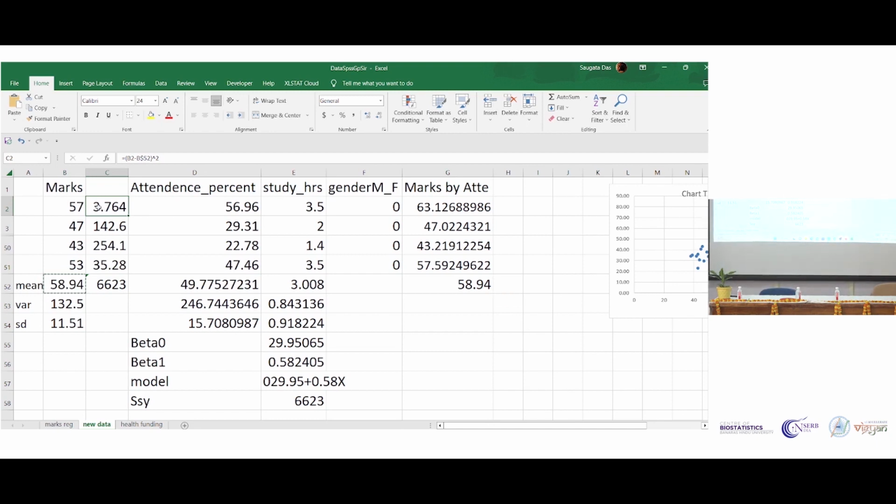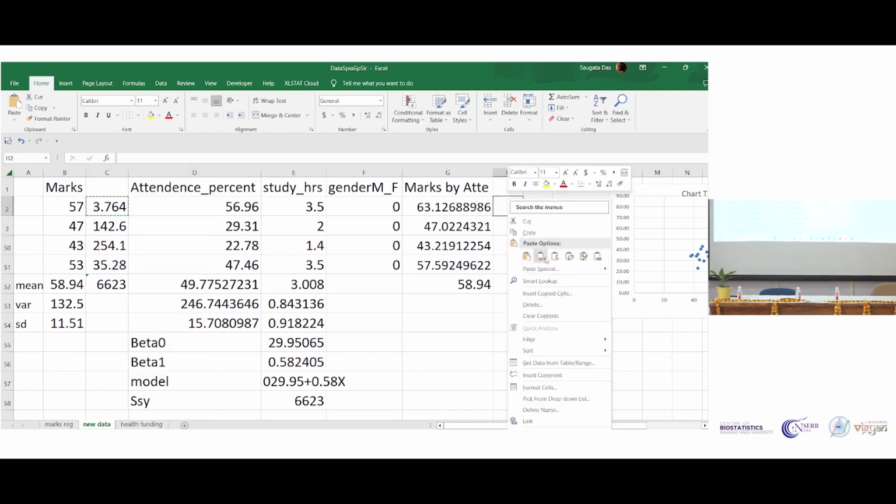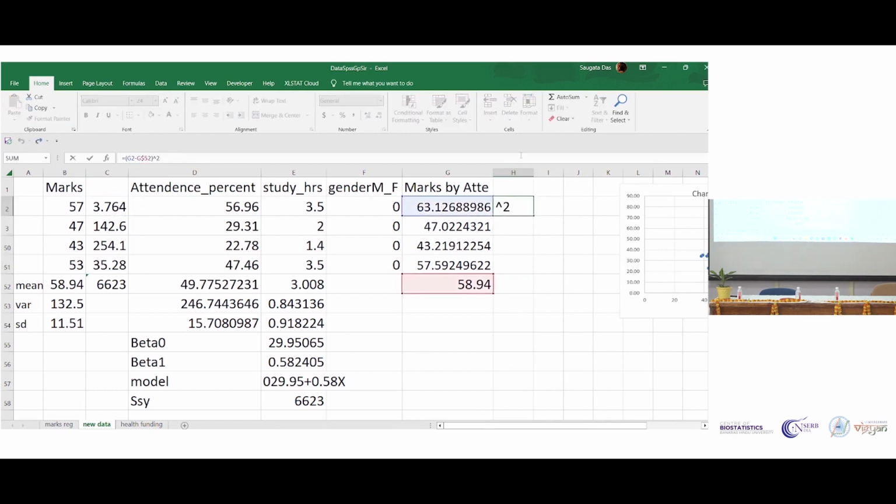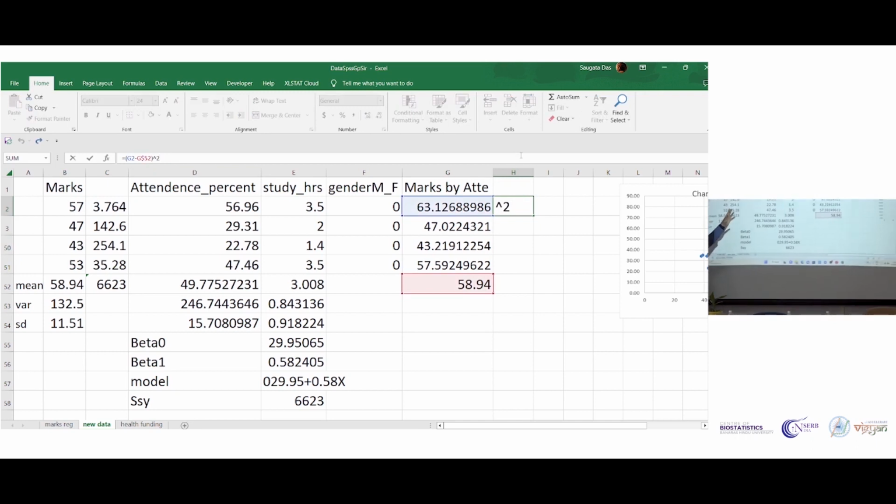I just copied it and pasted here. Now see the formula. We did not type anything, and then I drag.